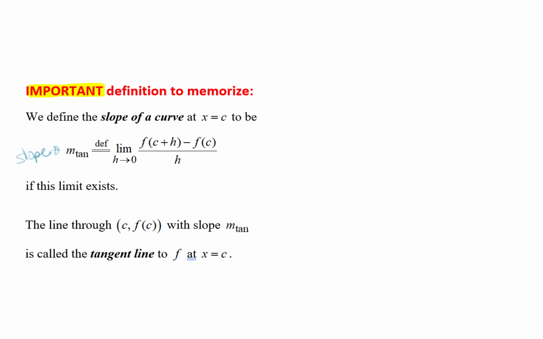And so we want to think a little bit about what this is. So on the numerator here I have 2 outputs. So these are outputs at one point, x equals c, and at another point at x equals c plus h. So those are outputs at x equals c and x equals c plus h.